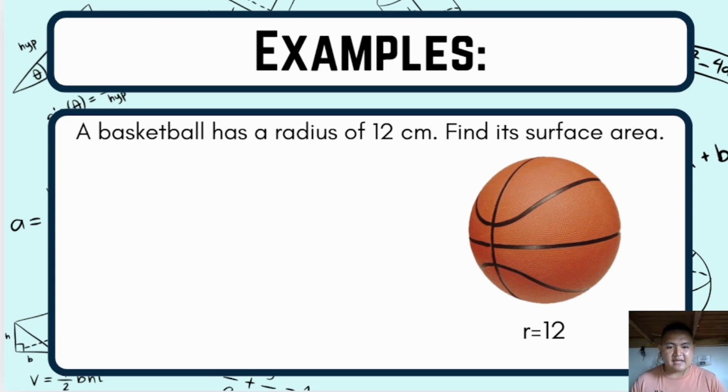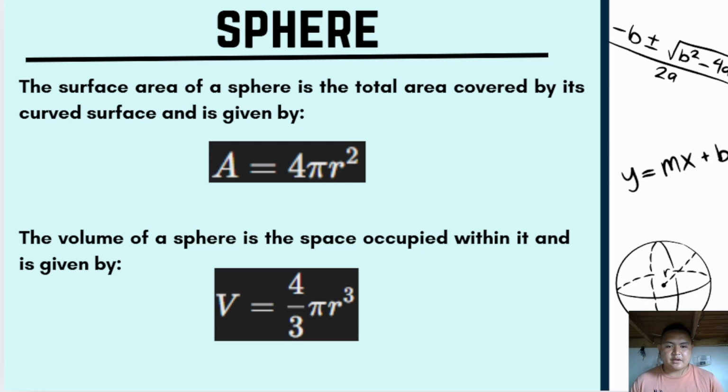A basketball has a radius of 12 centimeters, so find its surface area. So R given is the radius of 12 centimeters, and we need to find the surface area. In our definition, the surface area of a sphere is the total area covered by its curved surface.